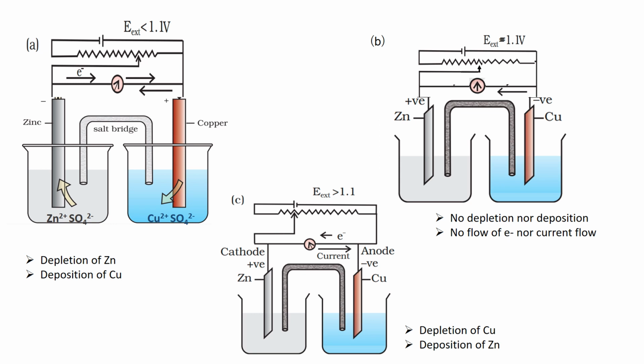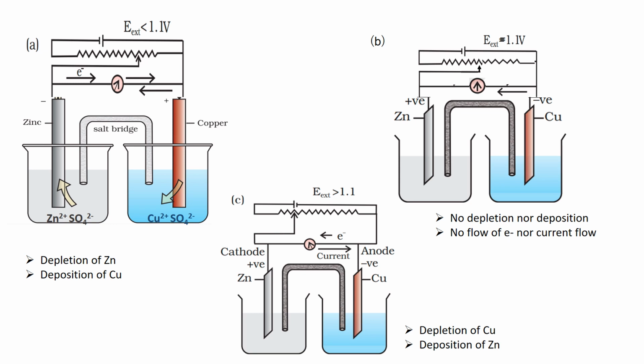And in figure C you can see the external potential is greater than 1.1 volt. If you apply 1.2 volt, which is greater than 1.1 volt, then the reaction is reversed. That is, the cathode becomes anode and the anode becomes cathode. Now zinc becomes cathode and copper becomes anode.